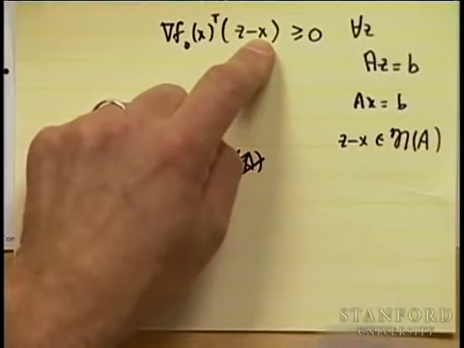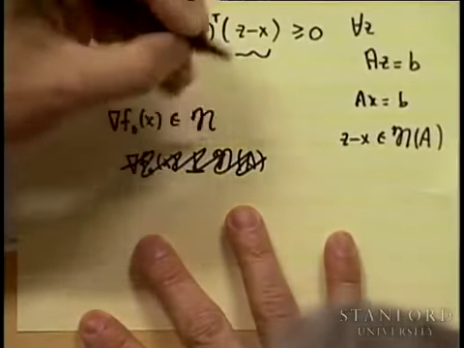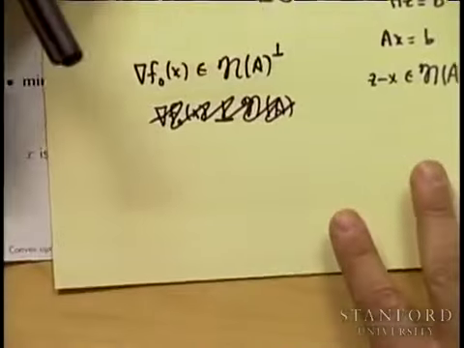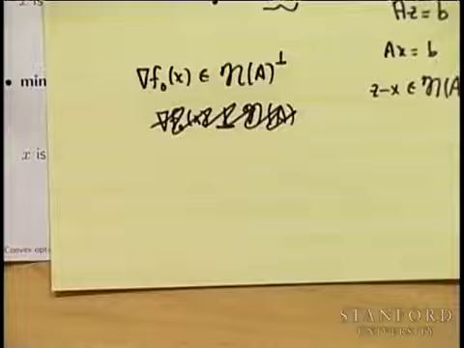Therefore, you have a non-negative inner product with a vector and with its negative. That means you have to be 0. So grad f0 of x is in the null space of A perp, meaning it's orthogonal to the null space of A.